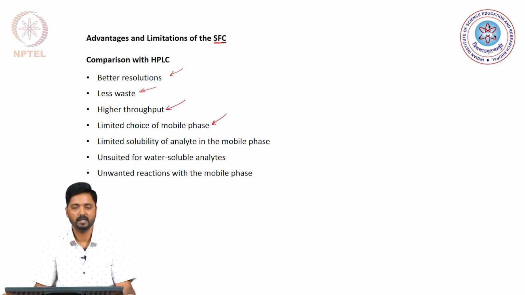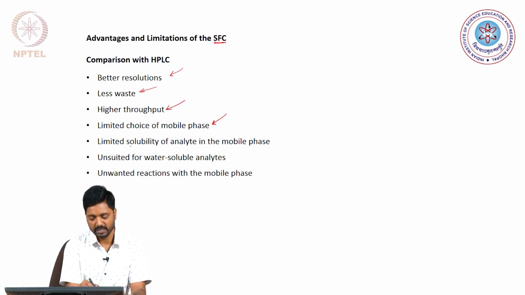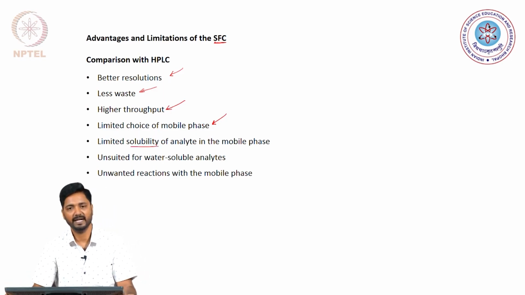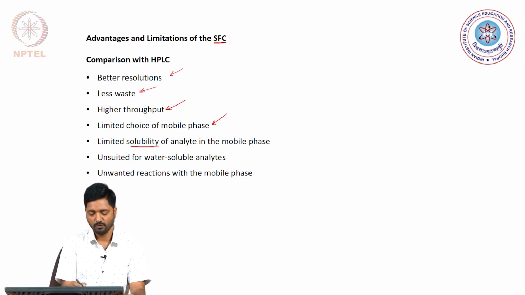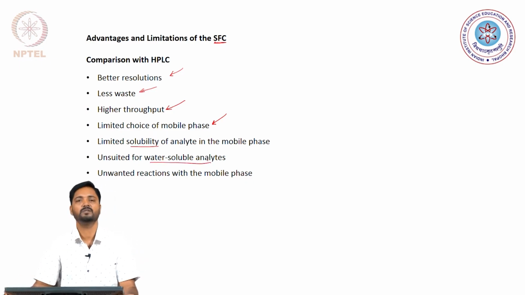Carbon dioxide being inherently non-polar results in the limited solubility of the analyte in it, and again because of its non-polar nature, carbon dioxide based supercritical fluid chromatography systems are not suitable for analytes that are soluble in water. So, this again is a clear major limitation of supercritical fluid chromatography over high performance liquid chromatography.